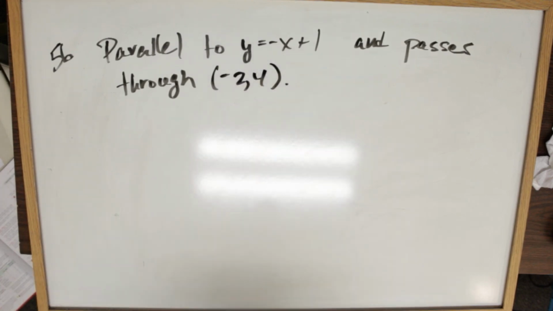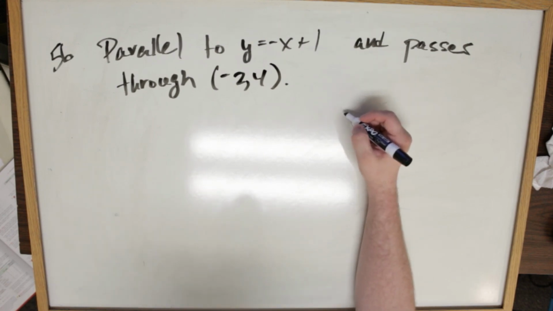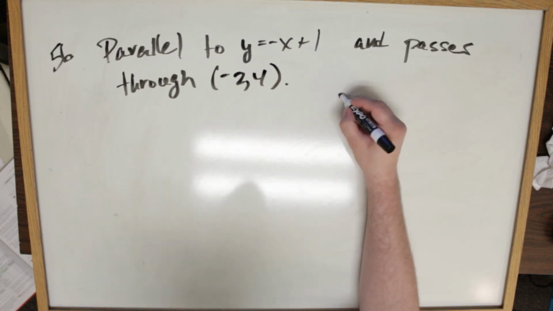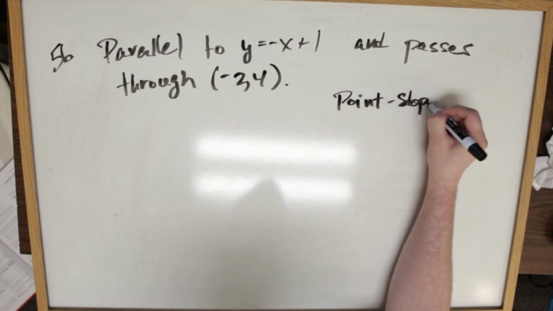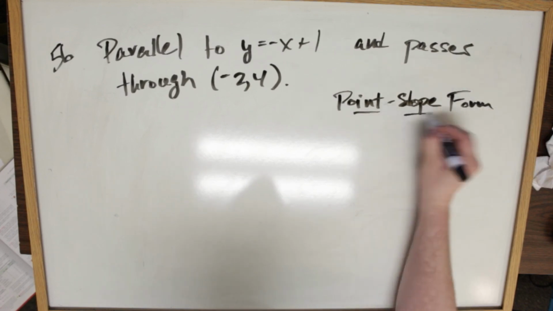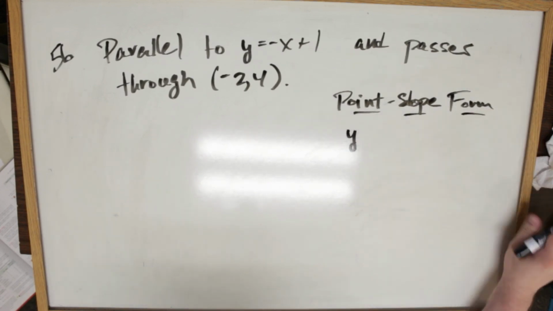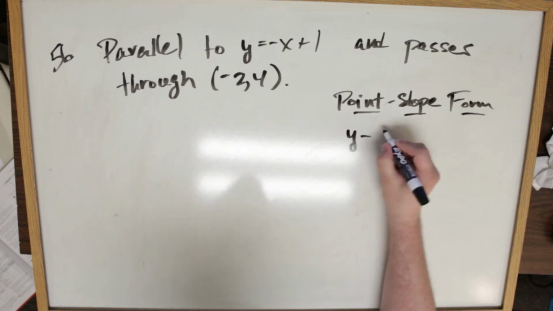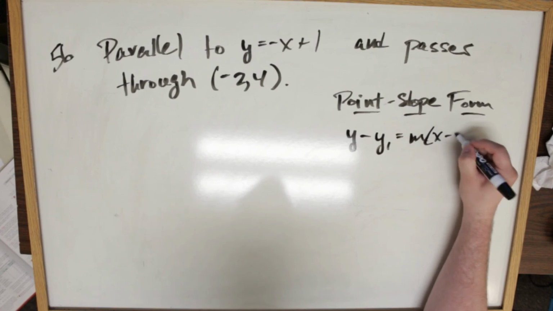All right, so in this instance, we need to remember our point-slope form. That's y minus y1 is equal to m times (x minus x1).